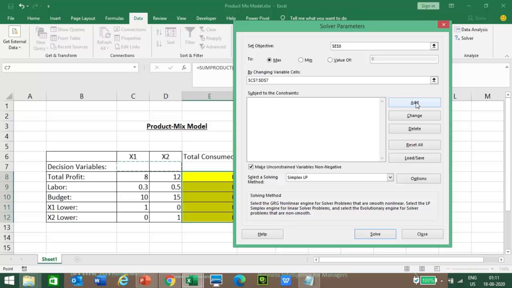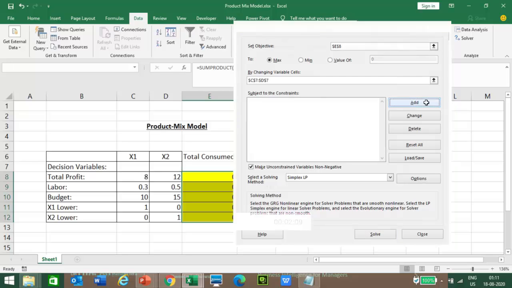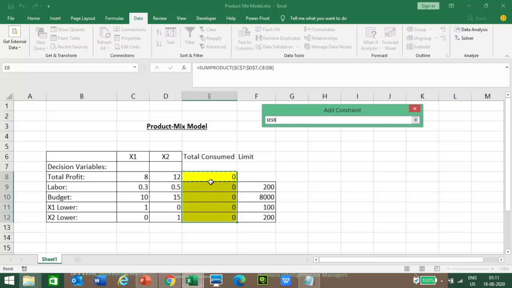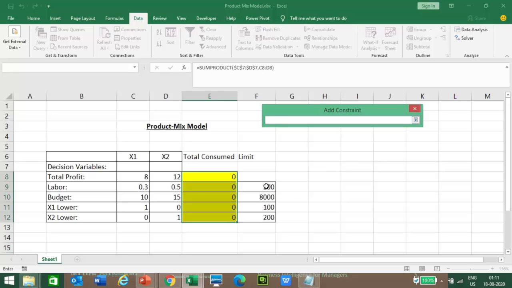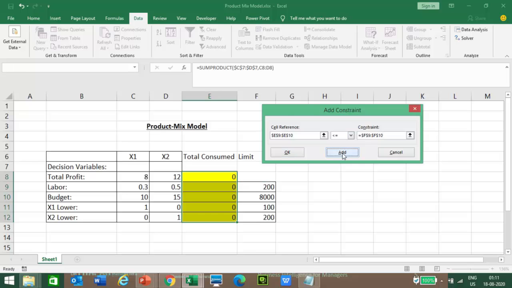Subject to the constraints. So we have 4 constraints. The less than or equal to constraints, that are the labor and the budget constraints. And then there are 2 greater than or equal to constraints, that is X1 lower and X2 lower constraints.